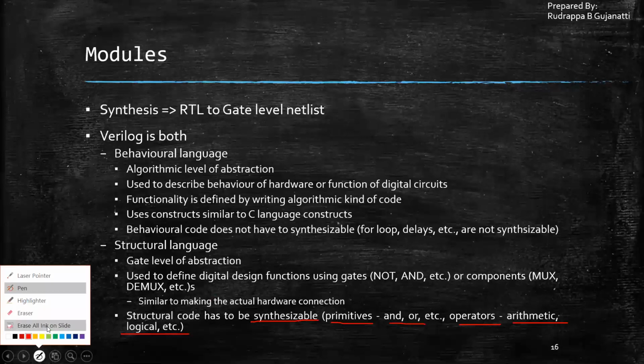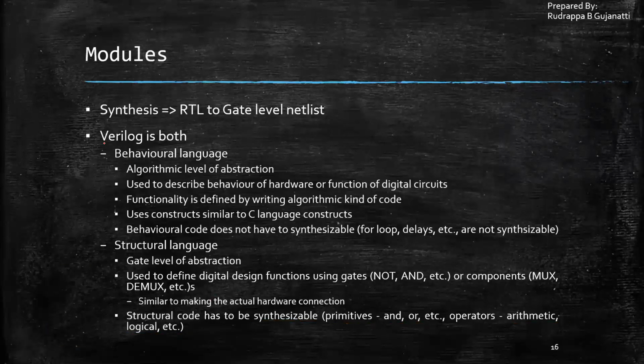So Verilog supports both. It supports behavioral type of code writing, and also structural type of writing. But one thing to remember is that behavioral code generally is not synthesizable, whereas structural code is synthesizable.